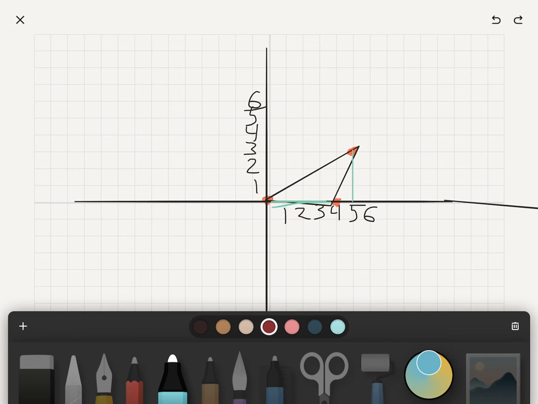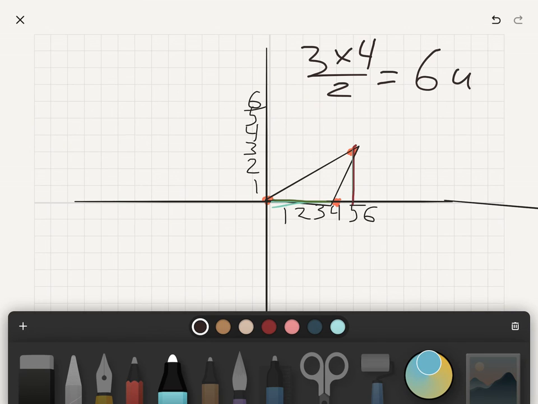You put them there, and essentially you've got your height, which is 3, and then you've got the base, which is 4, right? So that's essentially 3 times 4 divided by 2, which will get you 6 square units.